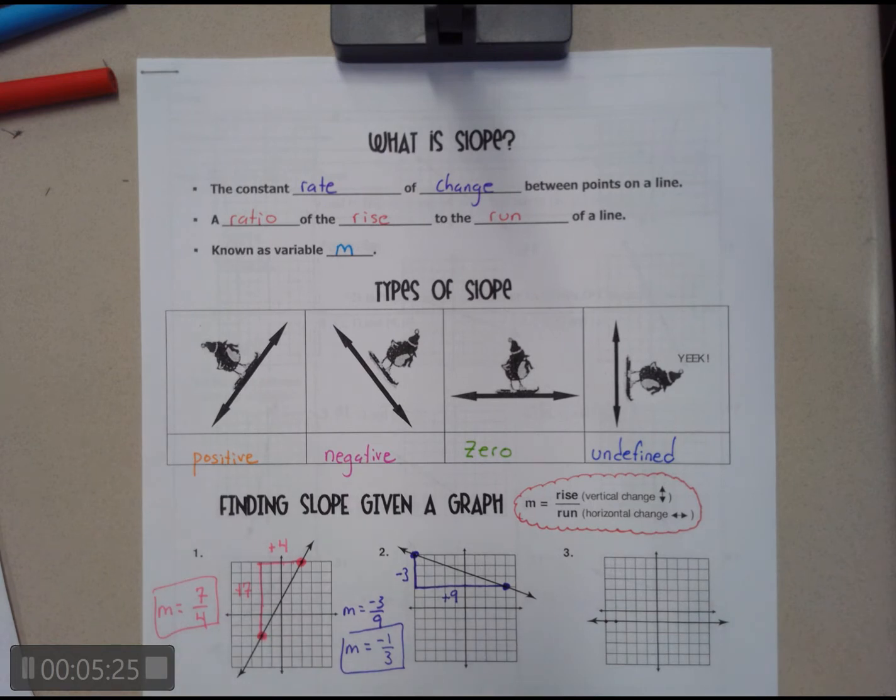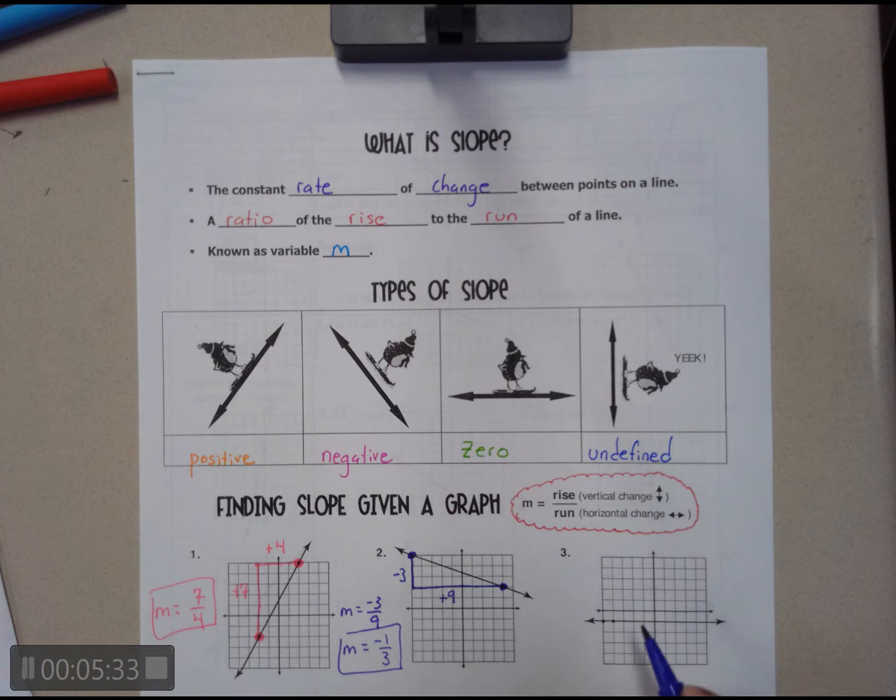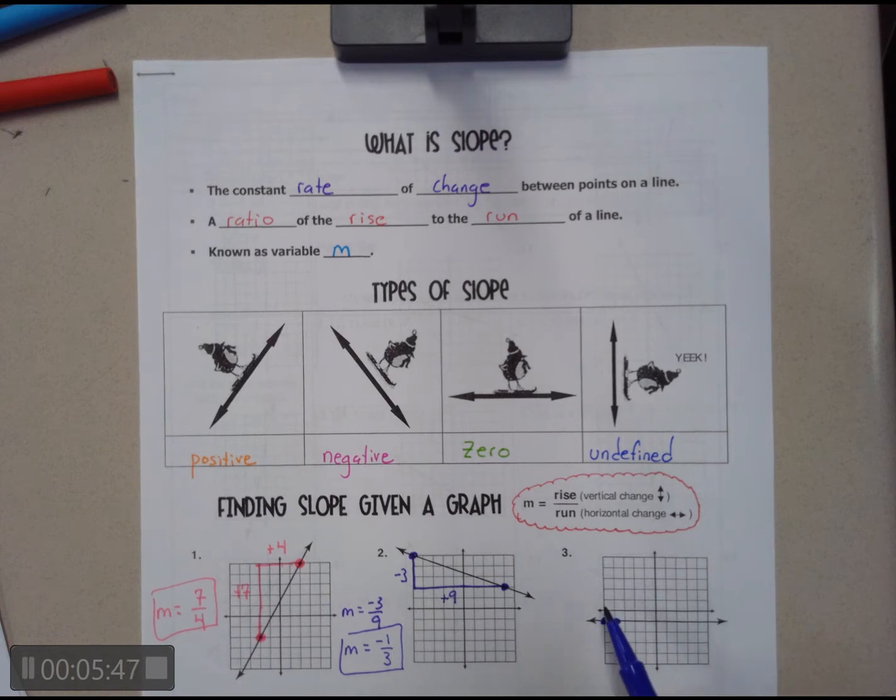Okay? Alright. And then for number 3, this one is kind of hard to tell, but because of my arrows, I know that this one is my line, and then these are my points right here. Okay? Alright, now we need to do our rise over our run. But if you notice, there is no rise. We don't go up or down to get to our points. We just move to the right one.